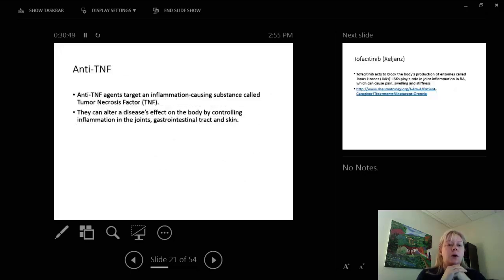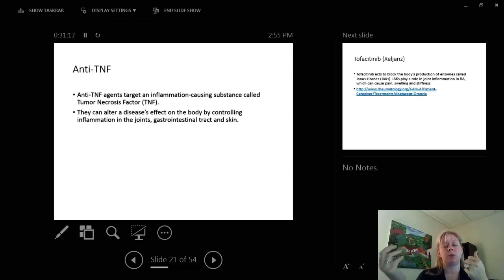Now, there's also the anti-TNF, which is your tumor necrosis factor agents, or anti-tumor necrosis factor. It's a factor that you have in your body that causes inflammation. So it helps target that specific substance called tumor necrosis factor. So it helps to control the inflammation in the joints, but it also helps within the GI tract and the skin.